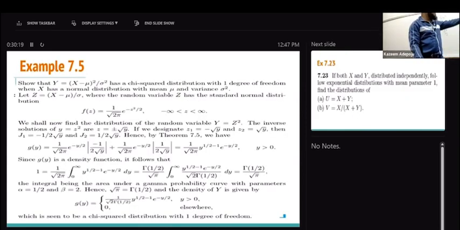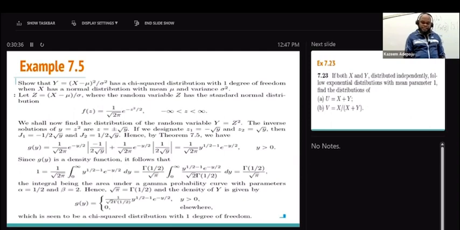Before I go to two variables, let me look at another example for one variable for continuous. But this is a well-known fact in statistics.